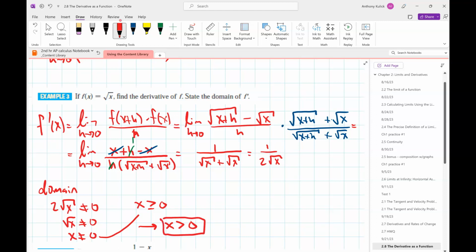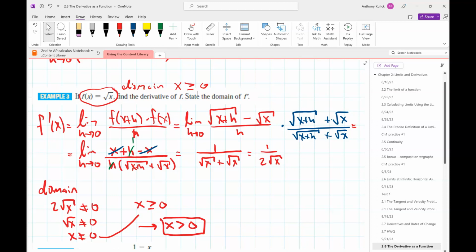What do you notice about the function here, though? Oh, they're different. The domain of the derivative is smaller than the domain of f, right? f contains one more number in its domain than f prime does.